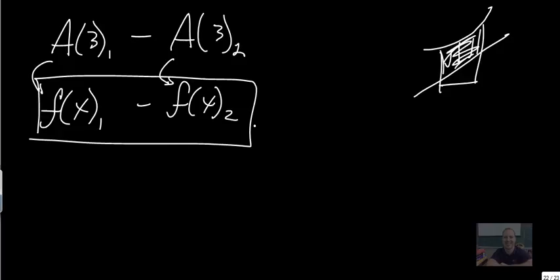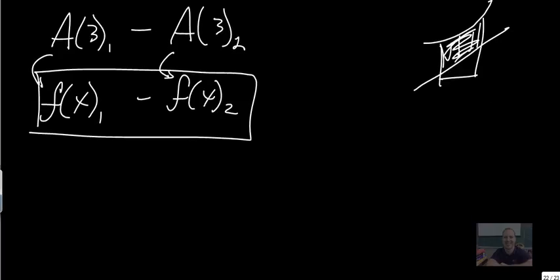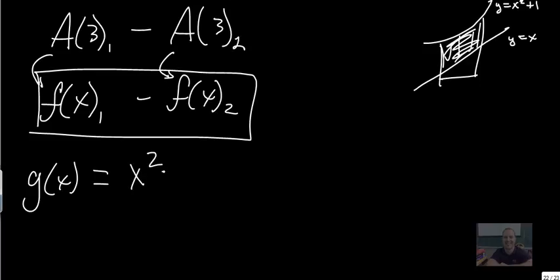We're going to try that, and then I'm going to show you a couple other things that need to happen. But let's take a look at this first. This is y equals x squared plus 1. This is y equals x. So just for kicks, let's do a function g here. Small g, which is x squared plus 1 minus x.